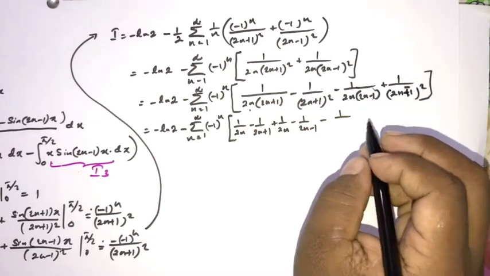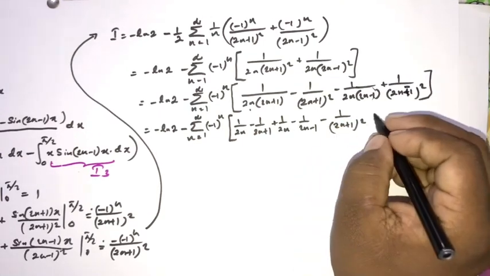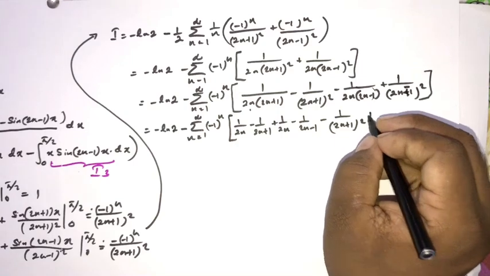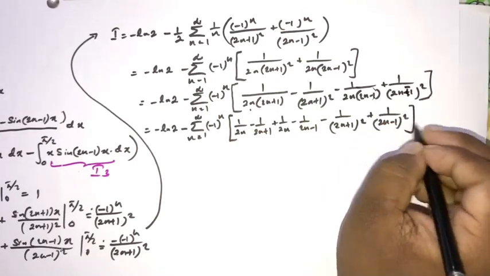Okay, then here minus 1 over (2n plus 1) squared, then here plus 1 over (2n minus 1) squared.